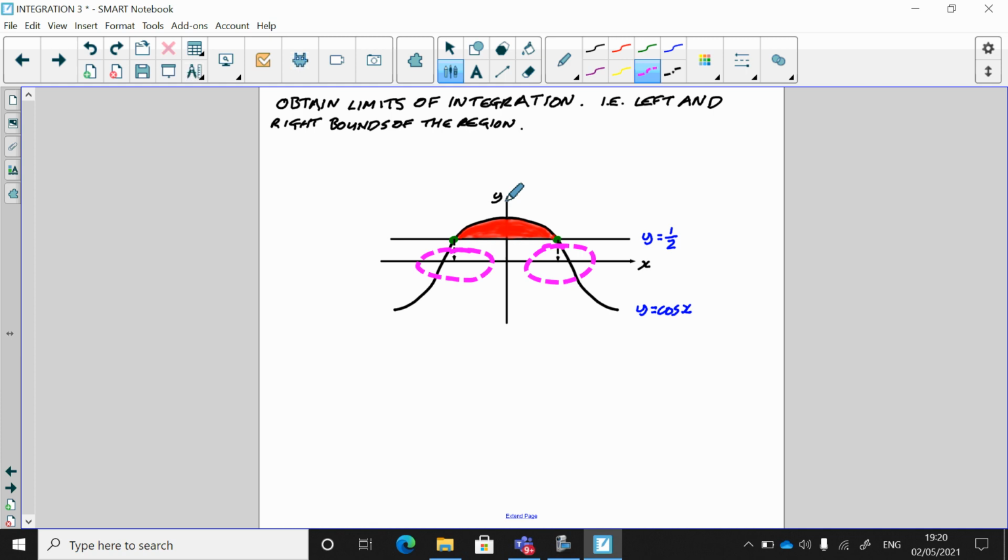But if you look at them, by symmetry, they're identical apart from the sign. So we've got pi over 3 there, and the other one is negative pi over 3. If you want to work it out another way, do so. Okay, so what I'm saying is by symmetry, not in the graveyard, by symmetry.